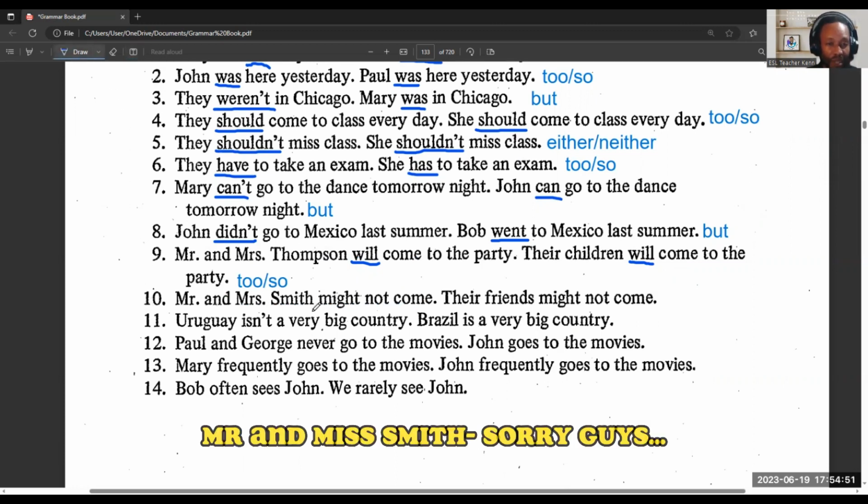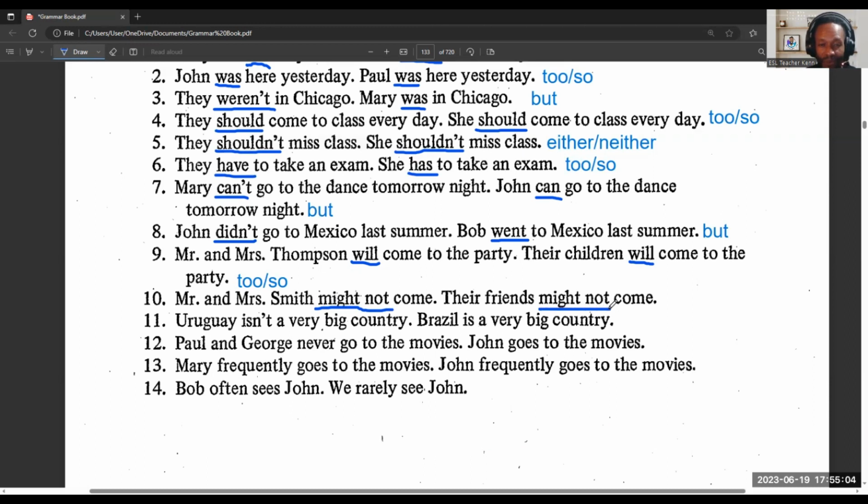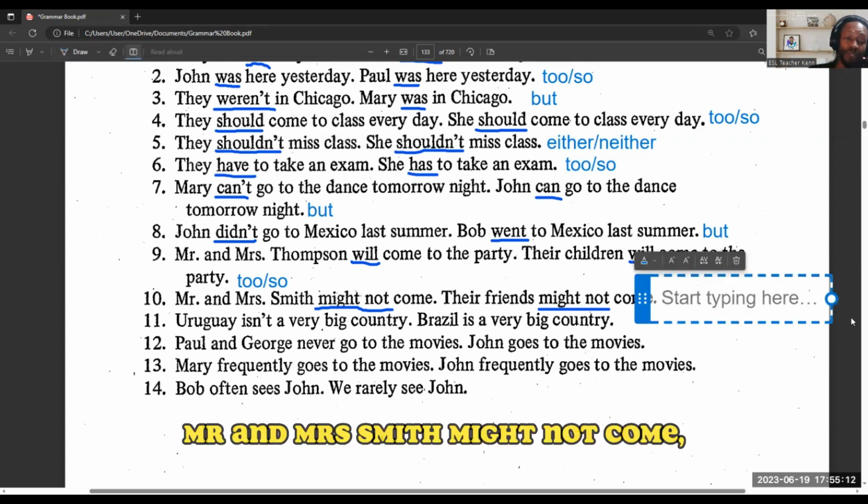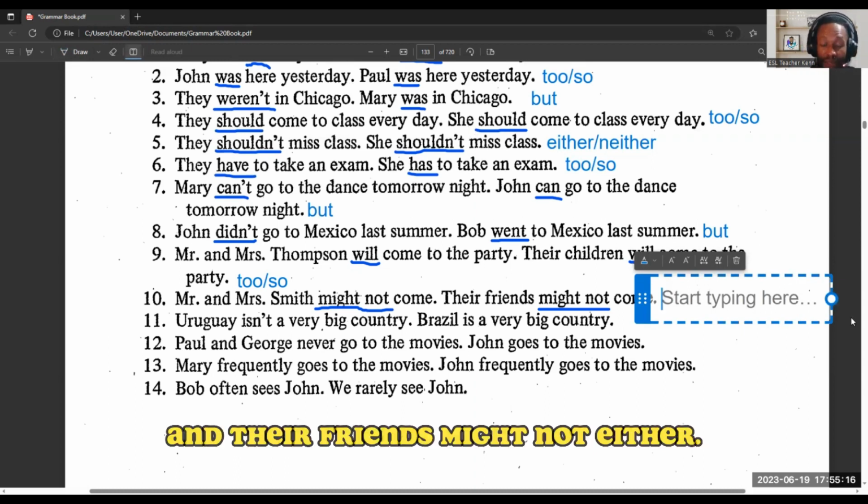Mr. and Mrs. Smith might not come. Their friends might not come. Mr. and Mrs. Smith might not come, and their friends might not either.